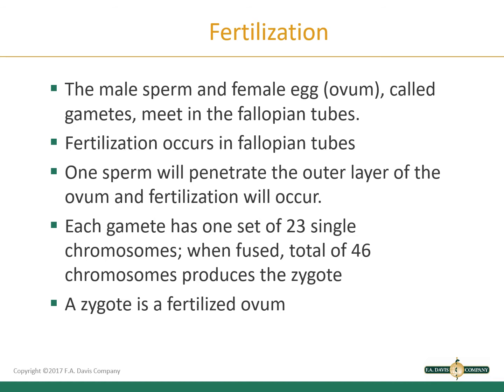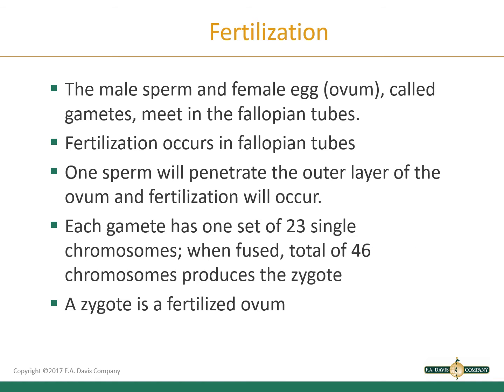Fertilization. The male sperm and the female egg, called the gametes, meet in the fallopian tubes. The fallopian tubes are where fertilization occurs. Of 14 million deposited into the vagina, only 1 to 10 sperm reach the fallopian tube approximately. 1 sperm will penetrate the outer layer of the ovum, and then fertilization will occur.